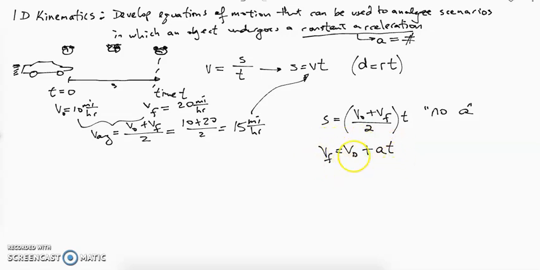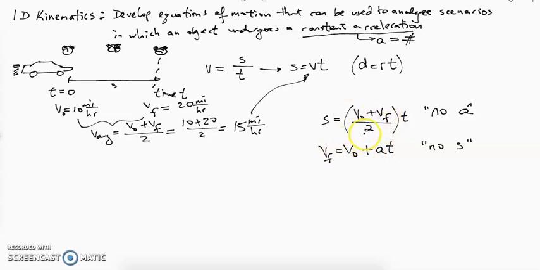If you notice in this equation, there is no displacement listed as part of the equation. Between these two equations, we're going to come up with 3 more equations for a total of 5 equations for the 5 kinematic variables.